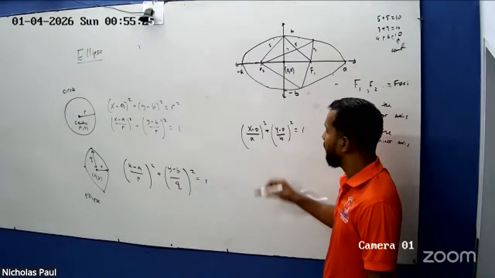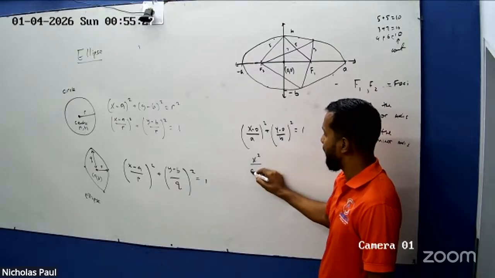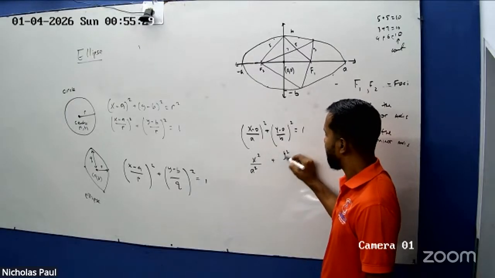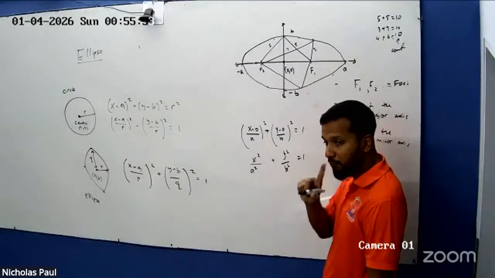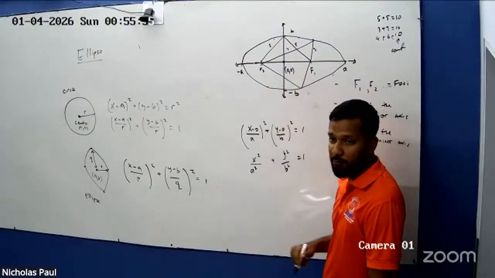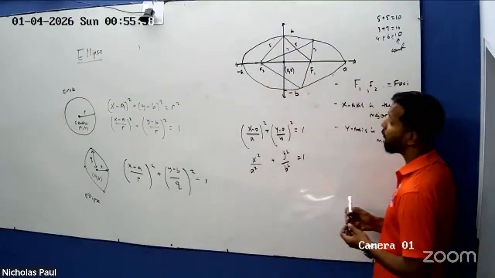Very good. Or you can write it like this: x squared on a squared plus y squared on b squared is 1. That's the equation of this ellipse. I keep saying parabola, I mean ellipse.